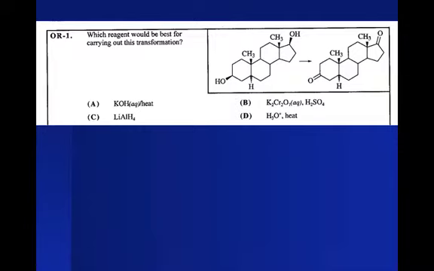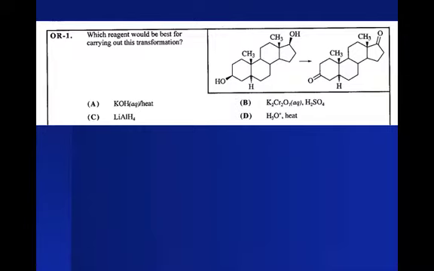Which reagent would be best to do this transformation? What's the transformation? It is an oxidation of a what kind of alcohols? To ketones. There are two up there that you should eliminate right off the bat.